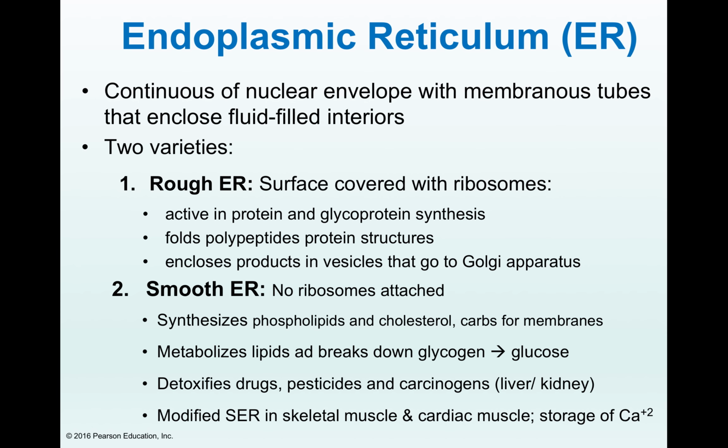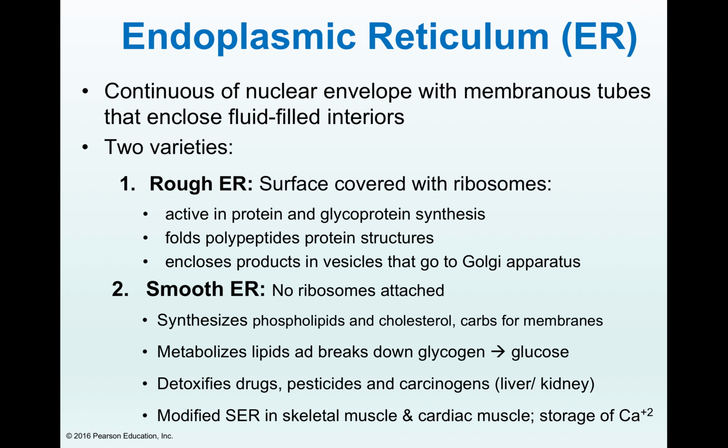The function associated with rough ER is that it has an active role in protein synthesis, and it also enables your proteins to be folded to their secondary, tertiary, and quaternary structures if necessary.